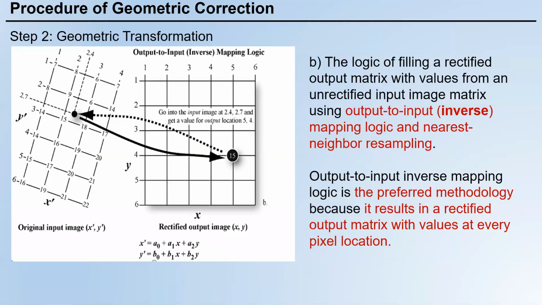The easiest way of doing resampling is called nearest neighbor. So this is the pixel you want, right? It doesn't exist in the input image, but we can compromise. We can find the nearest existing pixel. Who is the nearest neighbor of this pixel that does not exist? It's this pixel, right?